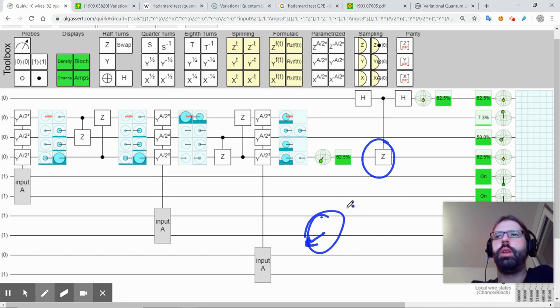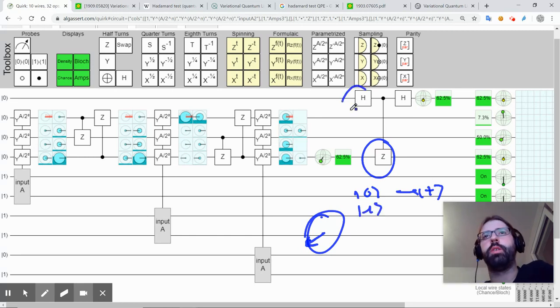Trying to think conventionally, to be honest. For the part that's 0, nothing happens, and you still stay in the plus state. For the part that is 1, because of the Hadamard in here, you go to minus, right?